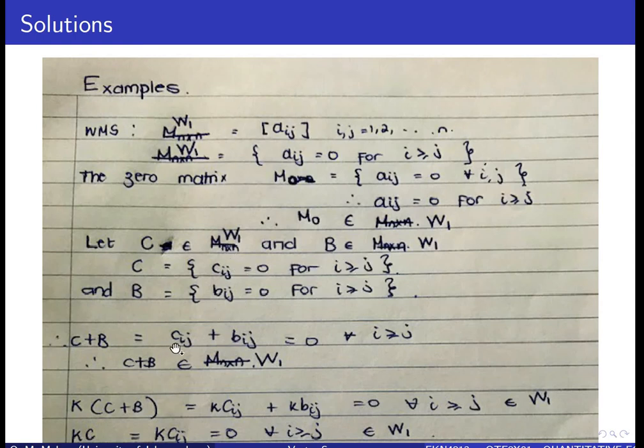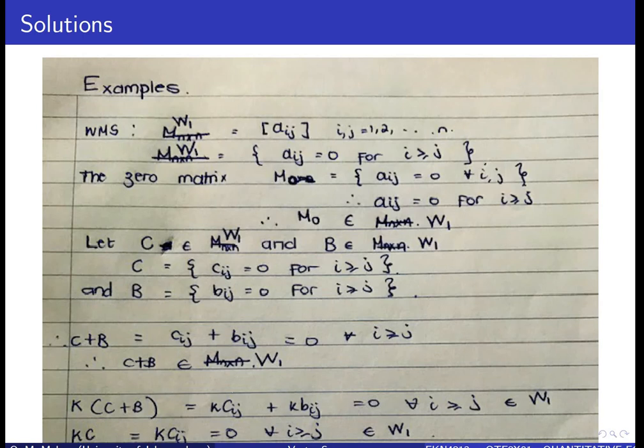Obviously we assume that they are of the same dimension. That's why we can add them. We will get that all my elements below the diagonals will be 0 for all i greater or equal to j, right? Then I can conclude that C plus B is in W1. So I have achieved closure under addition, right?